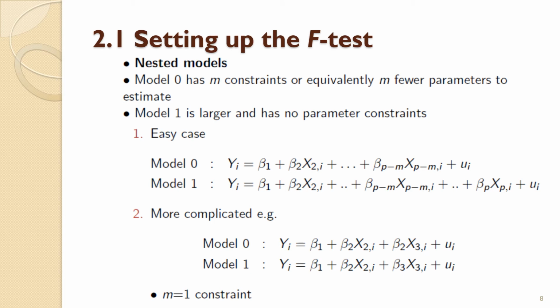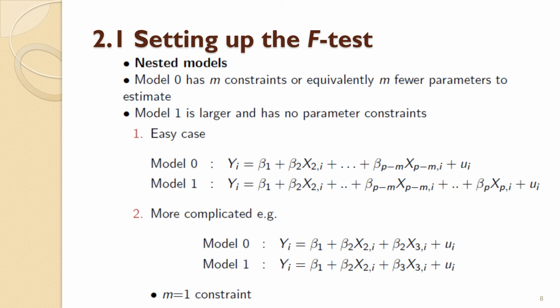Same basic idea throughout. What you've got is a simple model 0 and a more complex model 1. So it says there that model 0 has m constraints, or equivalently m fewer parameters to estimate. Model 1 is larger and there are no parameter constraints, and the idea is that model 0 sits inside model 1.